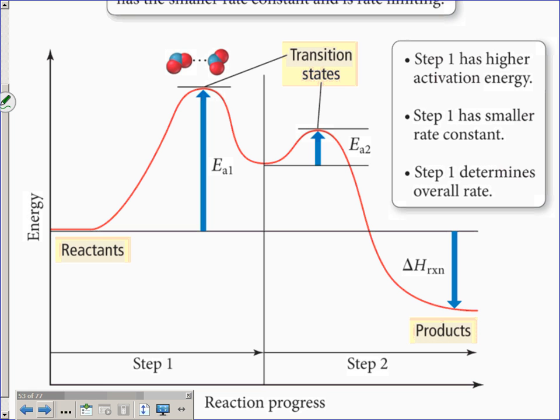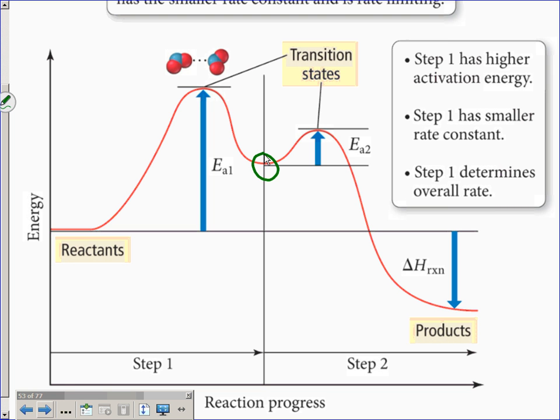Well, this product is not the product, right? The product is over here. So what do we call this in the middle? Starts with an I. Intermediate.